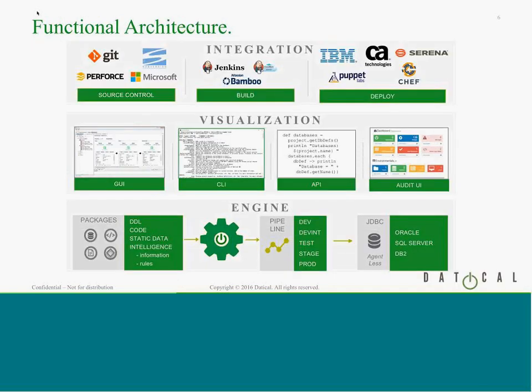The integration and architecture here, like I said, it's Eclipse. Anything you put into Eclipse for source control, they support. Like I said, the artifacts can be version controlled. The integration to the build side, we have Jenkins, Bamboo.